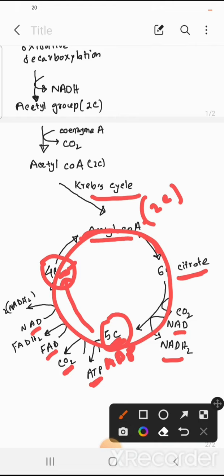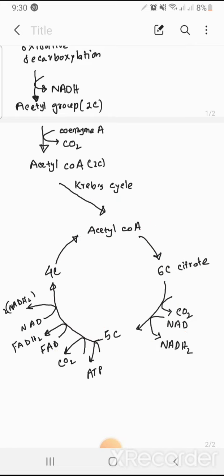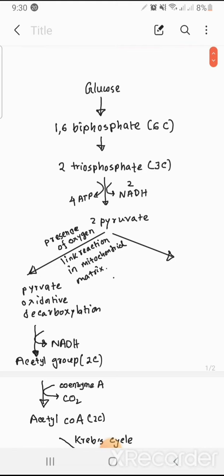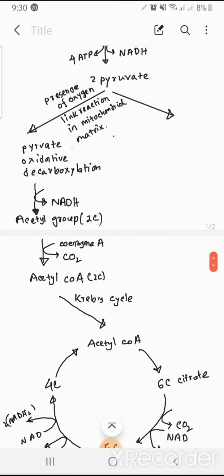Okay, I hope let's do an overview of it. Very simple overview. Glucose becomes 1,6-biphosphate. 1,6-biphosphate becomes 2 triose phosphate. 2 triose phosphate releases ATP and becomes 2 pyruvate. Now in presence of oxygen, the pyruvate goes to the mitochondrial matrix and does the link reaction.